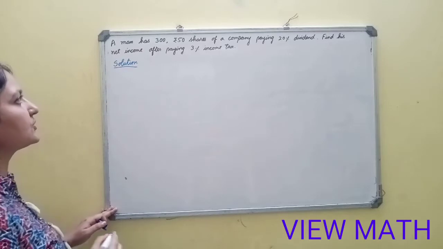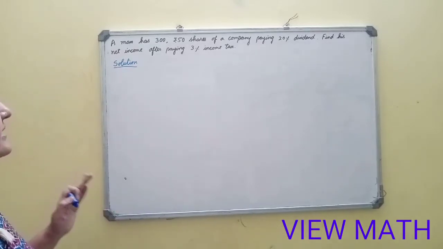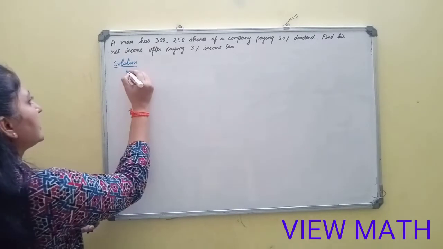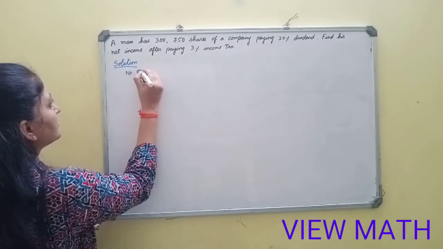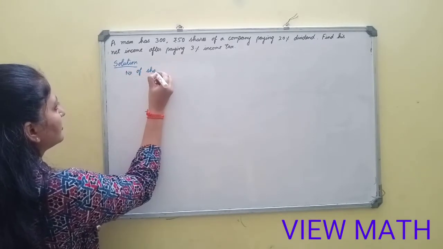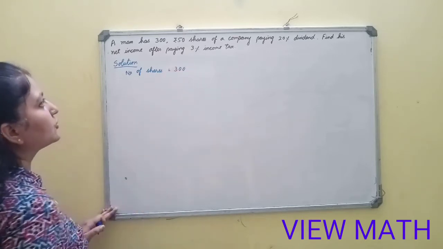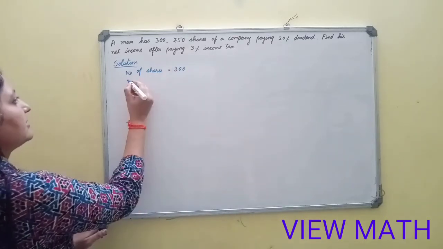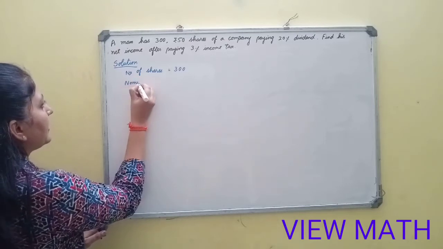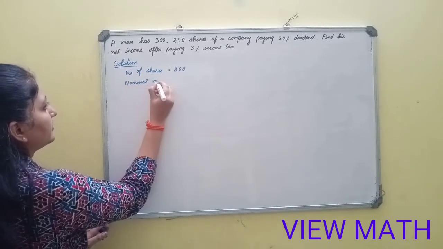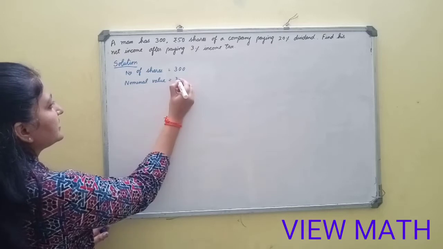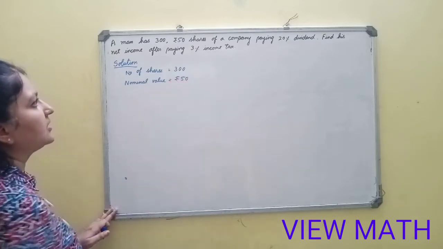Solution. What is given in the question, let me write down first. A man has 300. So number of shares is 300 shares he is having. Rupees 50 shares, that is nominal value is rupees 50.